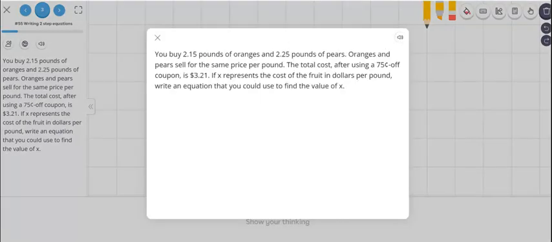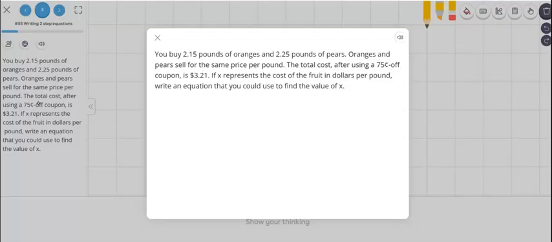All right. You buy 2.15 pounds of oranges and 2.25 pounds of pears. Oranges and pears sell for the same price. The total cost after using a 75-cent off coupon is $3.21. If X represents the cost of the fruit in dollars per pound, write an equation that you could use for this.